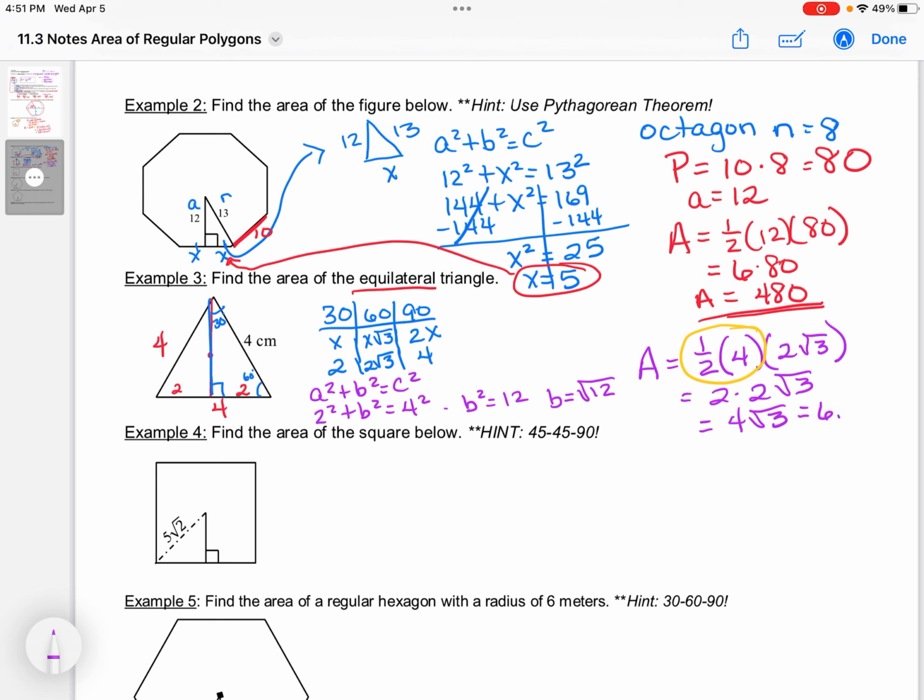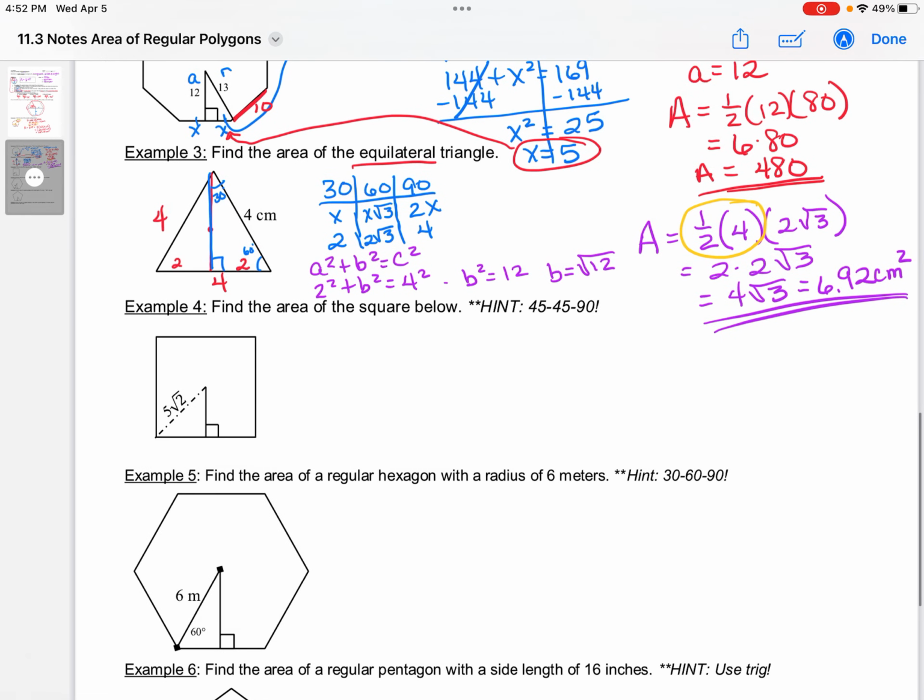And if you wanted to change it to a decimal, you could put 6.92 square centimeters. Either one of those for the answer, depending on what the question asks you to find, or asks you how to write it. You know what I mean.